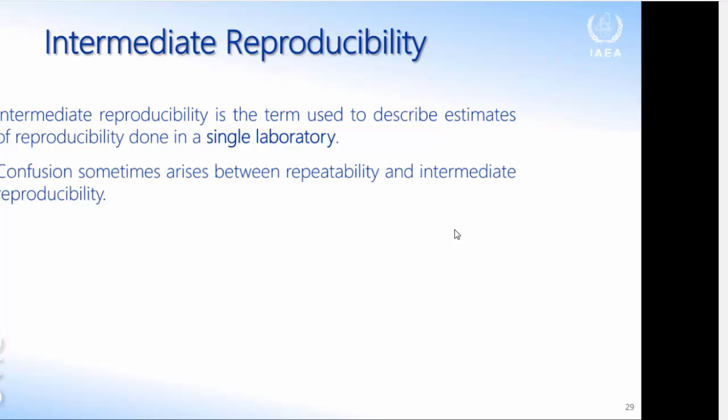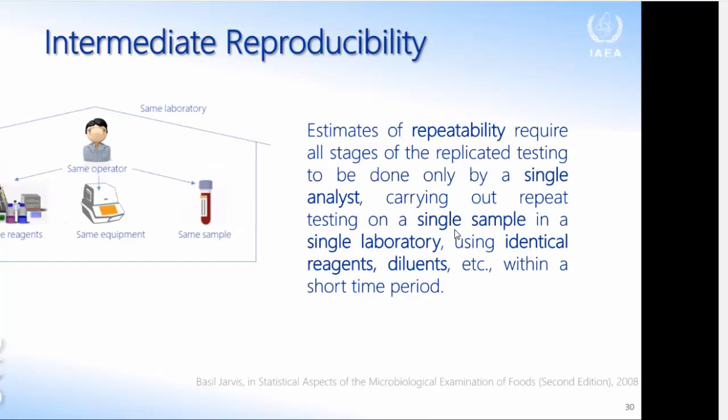Sometimes there can be confusion between repeatability and intermediate reproducibility, because the definition of reproducibility, as seen previously, refers to the results of testing the same sample panel but in different laboratories.